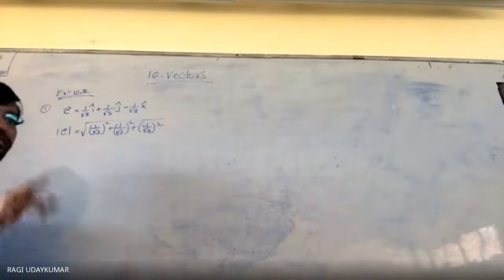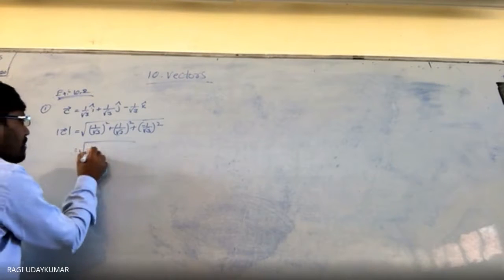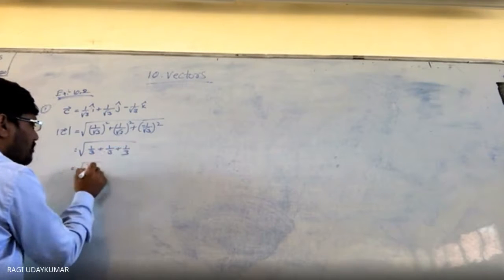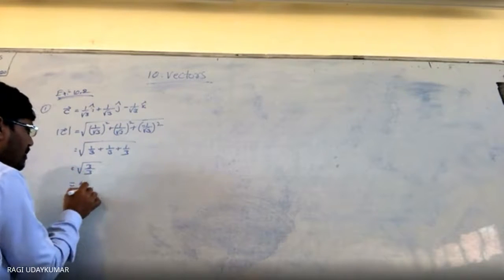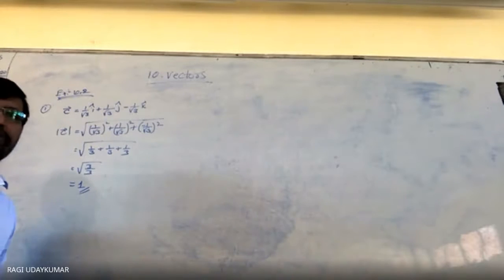Because if xi plus yj plus zk is given to you, under root of x square plus y square plus z square will be the magnitude. So it is equal to under root of 1 by 3 plus 1 by 3 plus 1 by 3, which is equal to under root of 3 by 3, which is equal to 1. So what type of vector is the c vector? Can you say? Whose magnitude is equal to 1?